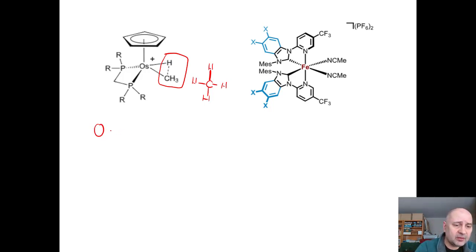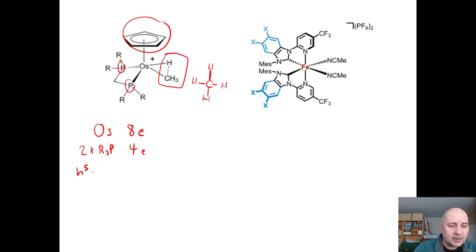So osmium, of course, is in the iron group, that's 8 electrons. Both of these are phosphines, so we have 2 times phosphine, that would be 4 electrons. And we know this is a cyclopentadiene, so eta 5, which is Cp minus, or 5 electrons. And so I'm going to assume that this charge is the overall charge of this complex.